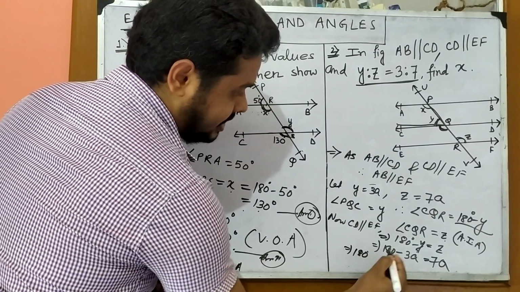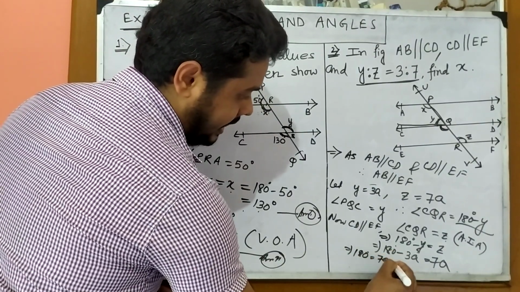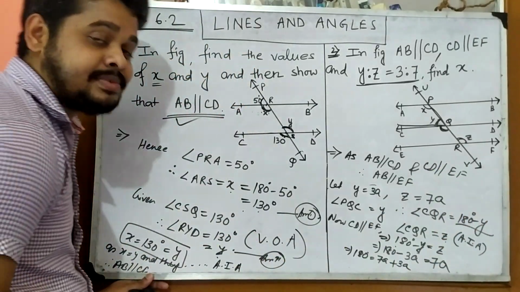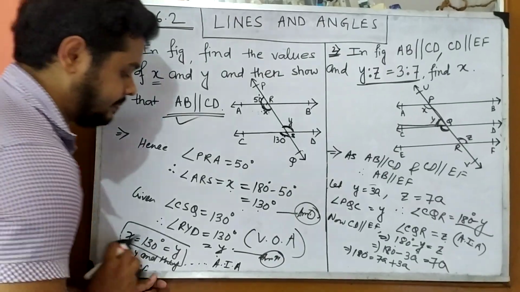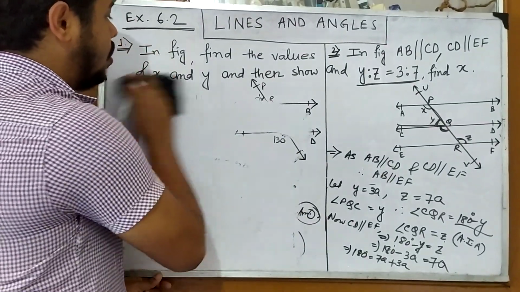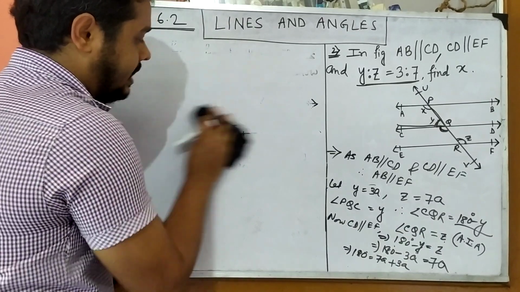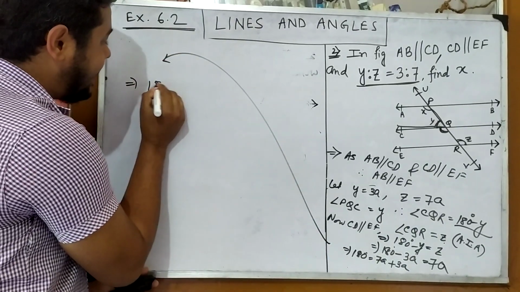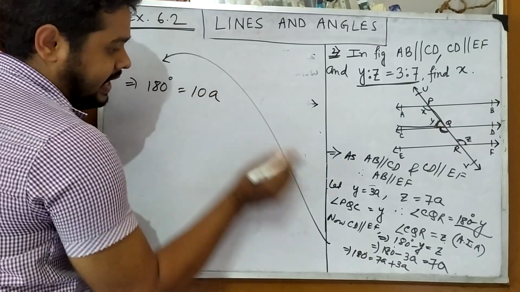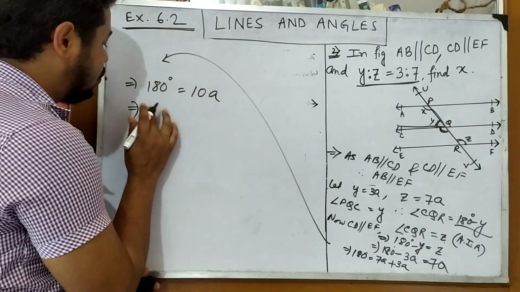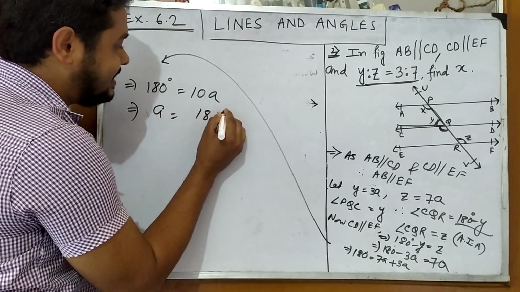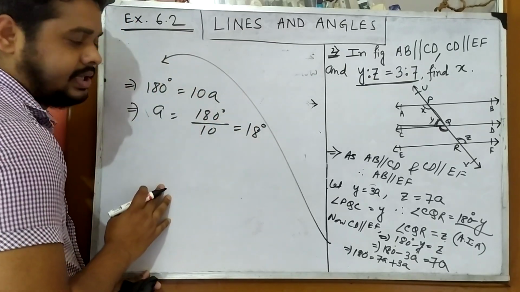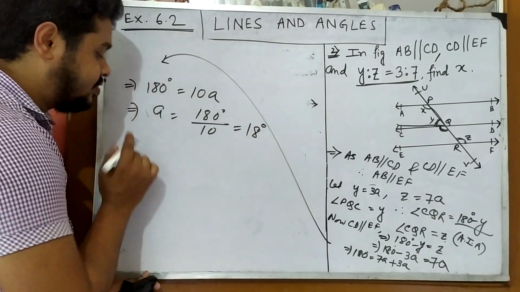Now 180 degrees equals 7a plus 3a, taking this 3a to the right hand side, minus 3a becomes plus 3a. So ultimately 180 degrees equals 10a, since 7a plus 3a equals 10a. So a equals 180 degrees by 10, which implies 18 degrees. So the value of a is 18 degrees.